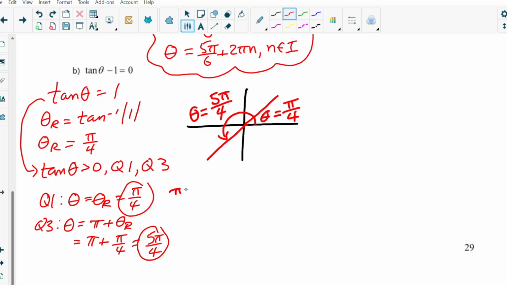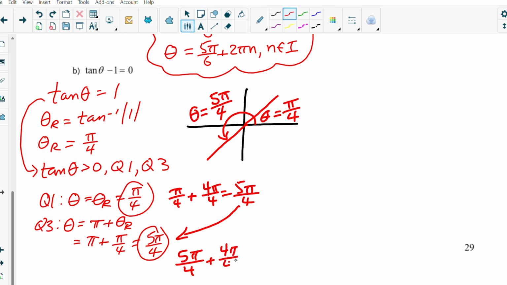Are they 180 degrees apart? What if I take pi over 4 plus pi, which is the same thing as 4 pi over 4? I get 5 pi over 4, and that is actually our second solution. If I do the same with 5 pi over 4 and add 4 pi over 4, I get 9 pi over 4.